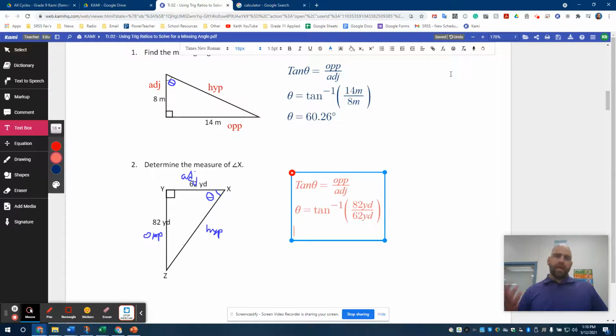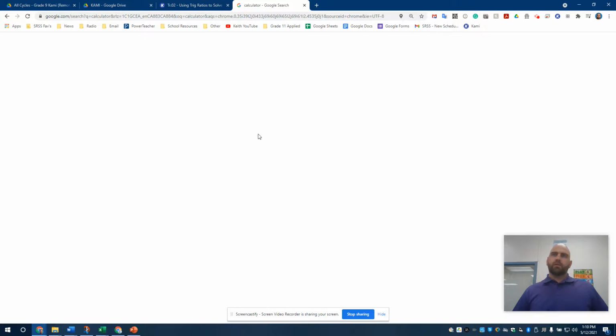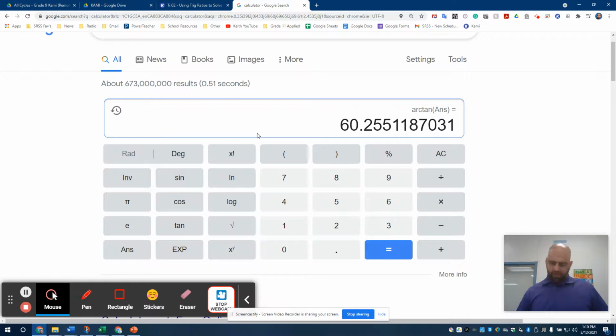But the angle is still going to be, if we guess a little bit, probably around 60 degrees as well. There's a good chance. Sometimes if we do a little judgment call, we can figure that out as we go. So 82 divided by 62, and we come up with a decimal, 1.32. So it might be actually a little less than 60, we'll see.